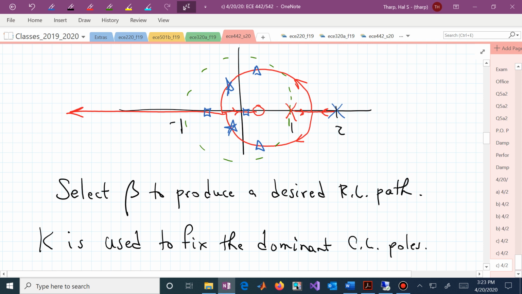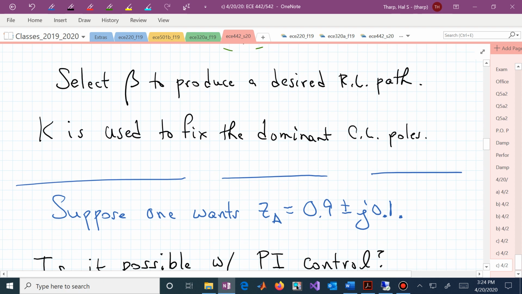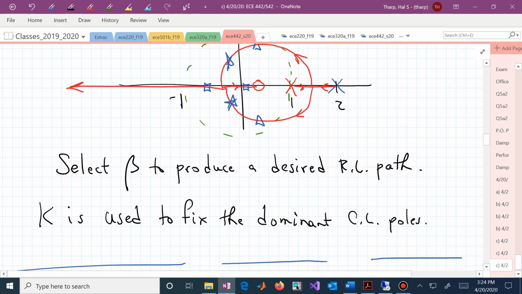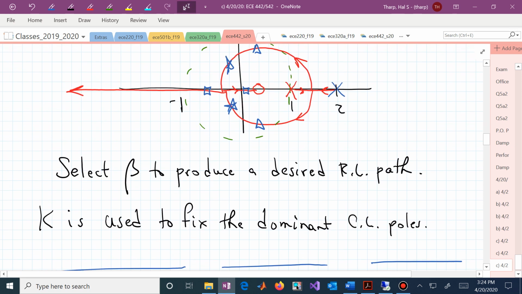We can pick beta to produce the desired root locus path, and K is used to fix the dominant poles. Suppose somebody says, well, I want my dominant poles, my z deltas, to be at 0.9 plus and minus j0.1. So they're now saying that they want their dominant poles somewhere in there.